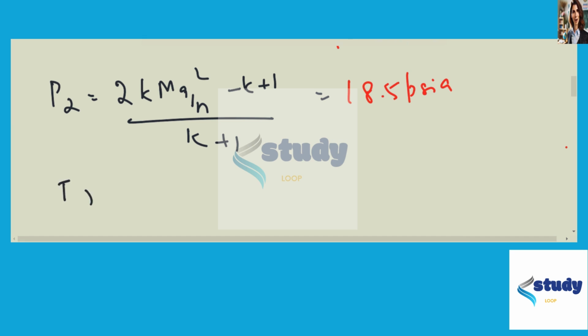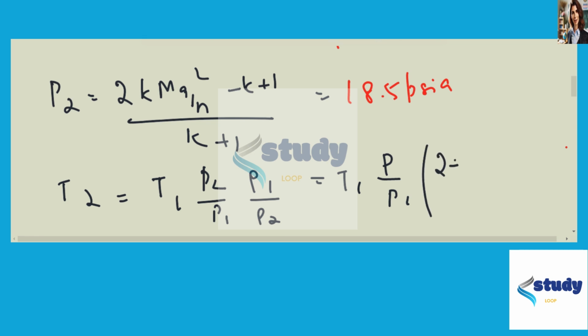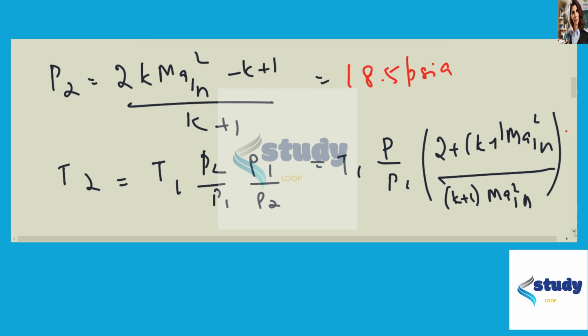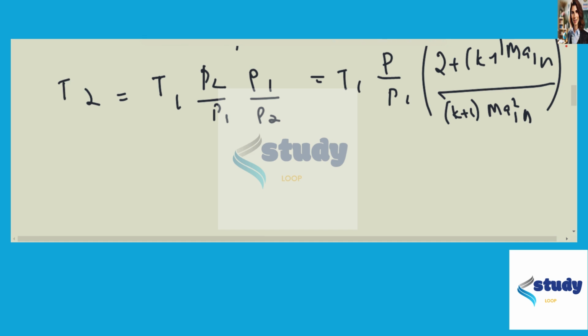Then we have T2, and that is T1 into P2 upon P1 into rho1 upon rho2, and that equals T1 into P2 upon P1 into (2 plus (k minus 1) Ma1n squared) upon ((k plus 1) Ma1n squared). So considering this, we get the value to be 556 R.